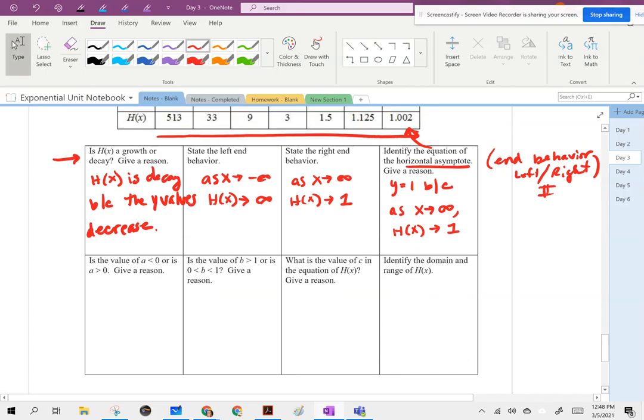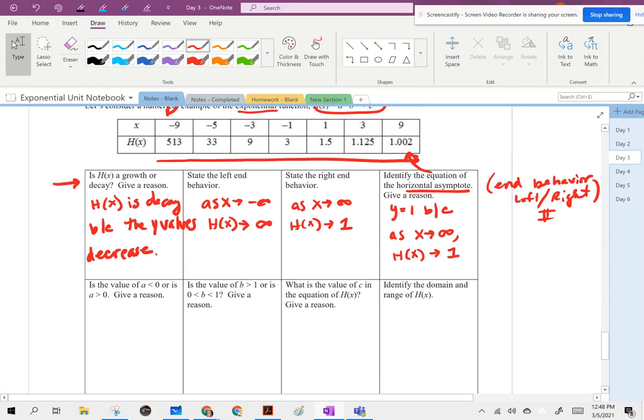All right, is the value of a less than 0 or greater than 0? Okay, let's take a look. If we know that our horizontal asymptote is 1, are these y values higher than 1 or lower than 1?